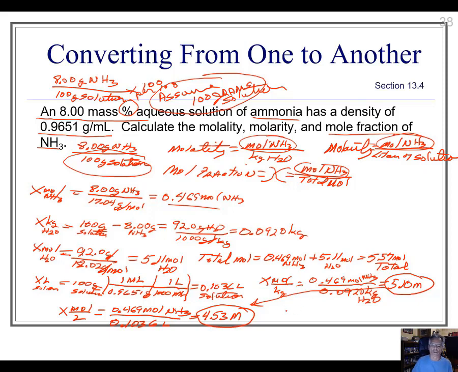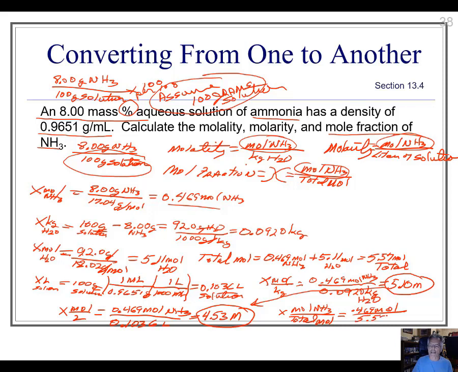One more, let's do X moles of NH3, that's our solute. This is the mole fraction, and the total moles, this is total moles down here. That's going to be 0.469 moles of ammonia divided by 5.57 moles.